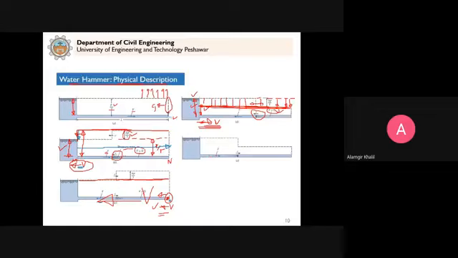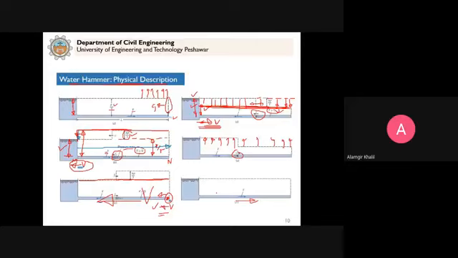So when the velocity is established, this pressure wave will travel and it will bring all the negative points to the normal pressure. As it travels, it will bring all the points to the normal. And when it reaches here, it means the whole of the velocity is in this direction towards the valve and the pressure is normal.